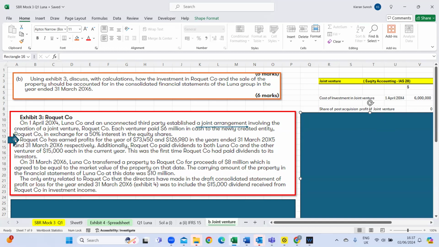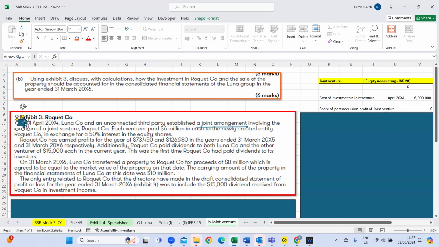So they're saying we made the investment on 1st April 2014. Instead of giving you the two net asset figures, the examiner is giving you another way to find the total profit that we made during that period since we invested.